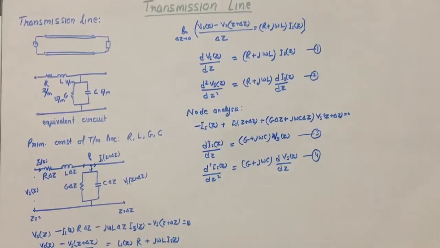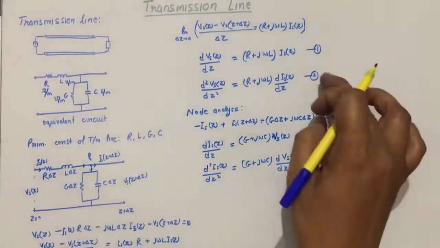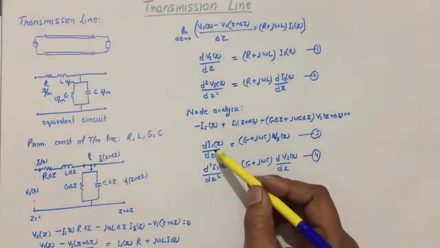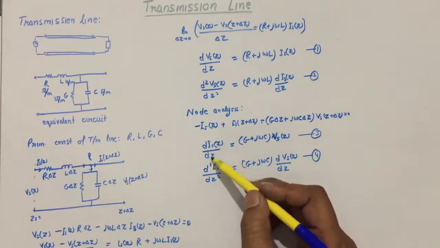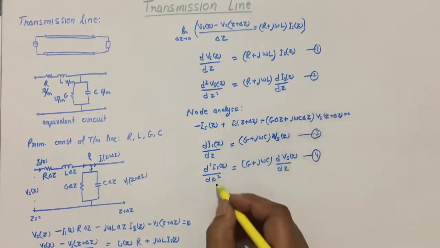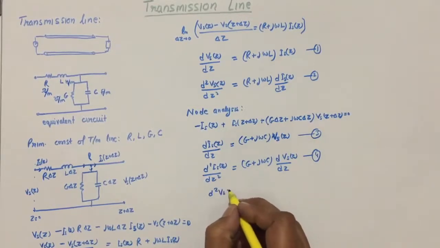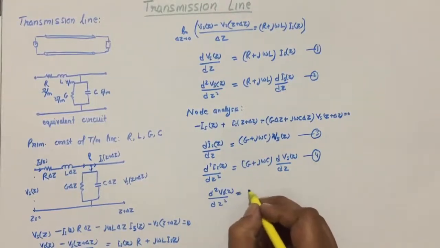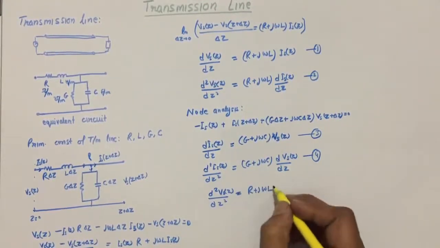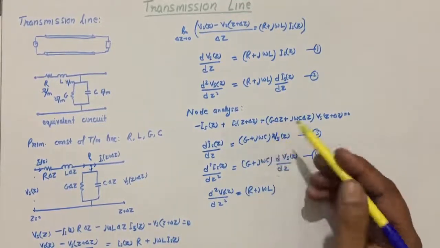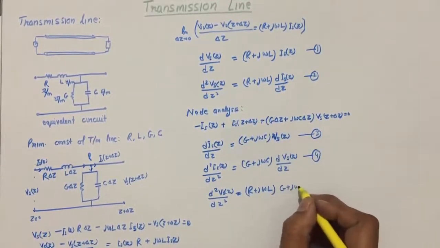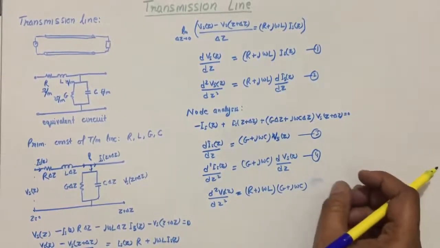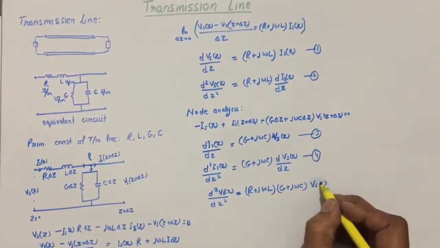Now let us try to relate these final equations to the wave equation. If we put the value of dI_s/dz here, then we will find d²V_s(z)/dz² is equal to (R + jωL) times (G + jωC) times V_s(z).